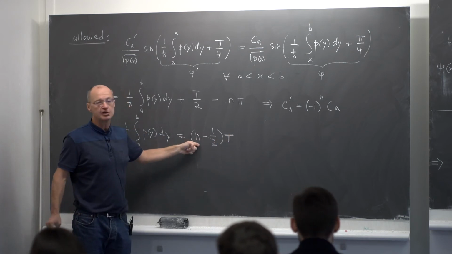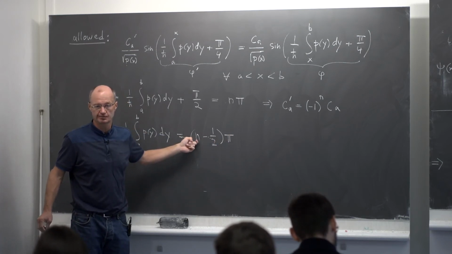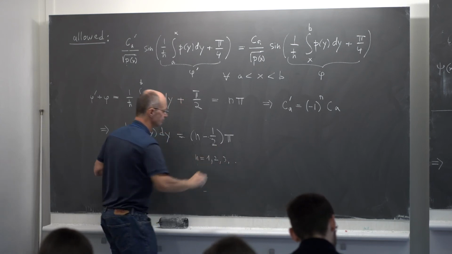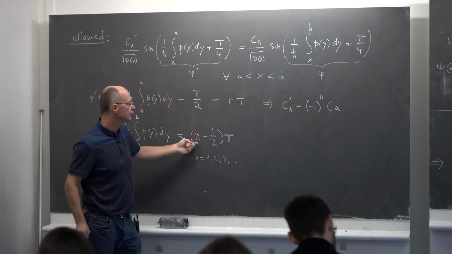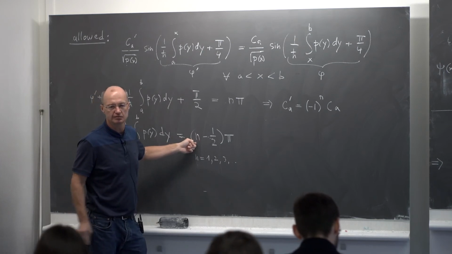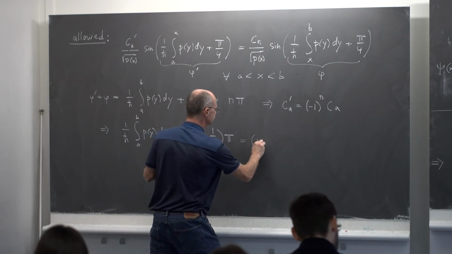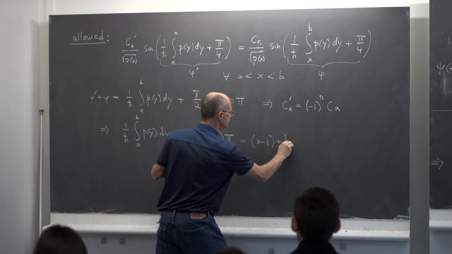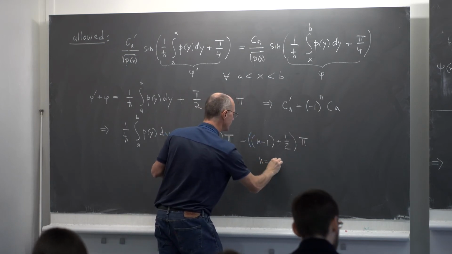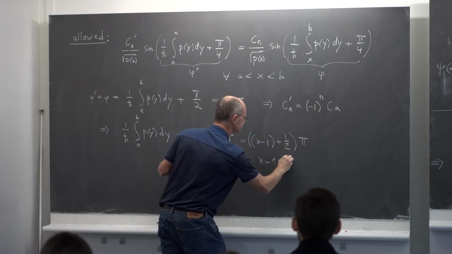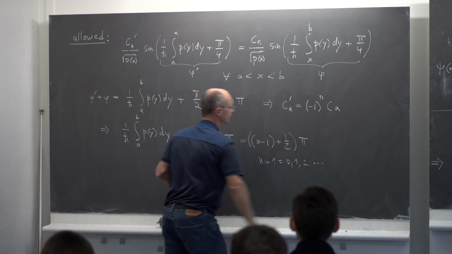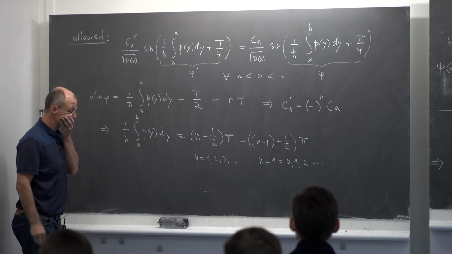This means that n should be at least 1. But I can also rename n by n minus 1. And this will be equal to n minus 1 plus 1/2 pi, where n minus 1 now starts from 0. So this will be the formulation that I had before.